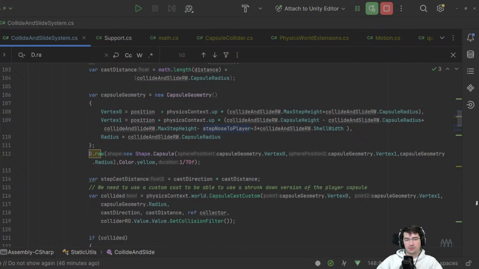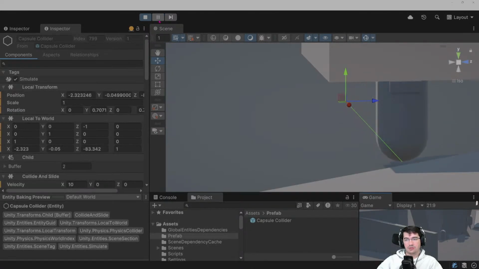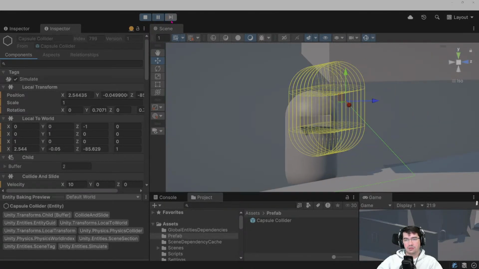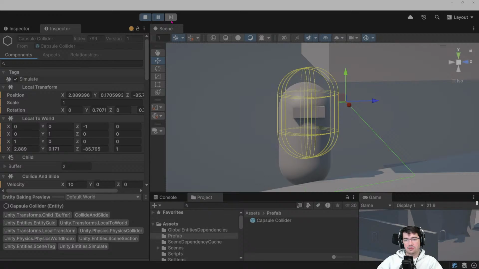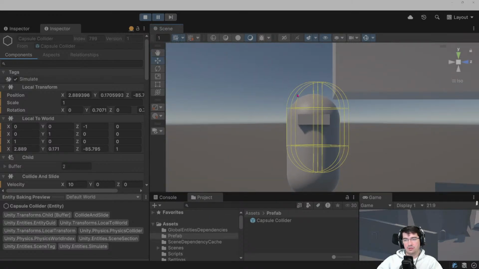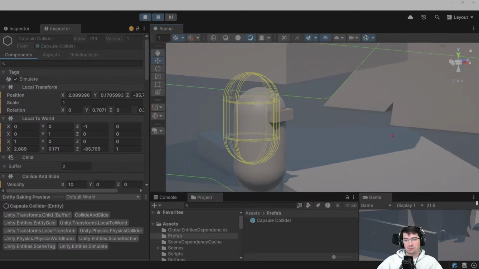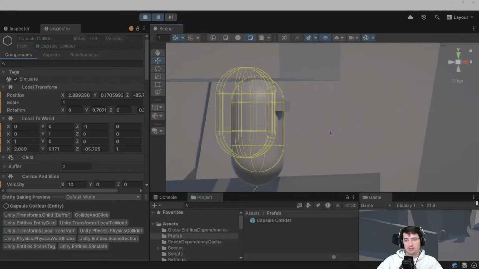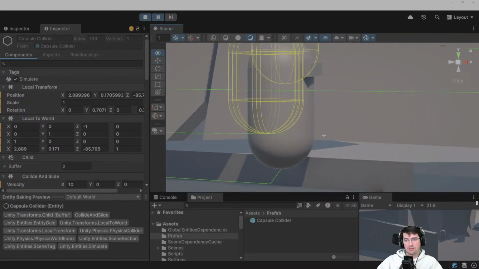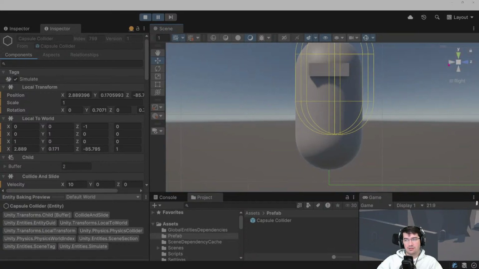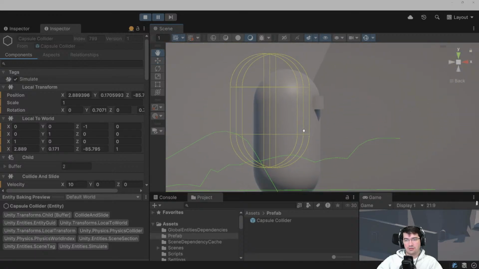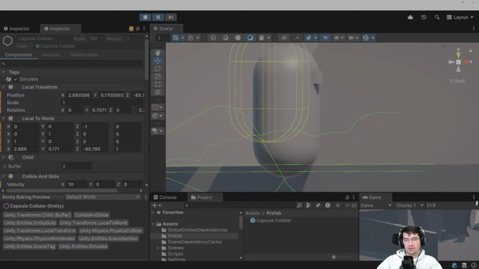Let me put the draw to more than a frame. I'm absolutely not getting to the height I'm expecting to get. So I should be this high, which is roughly what I'm missing here.